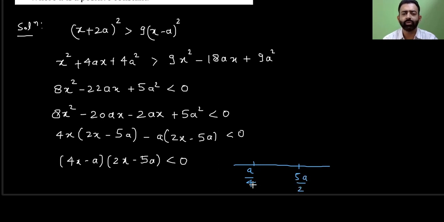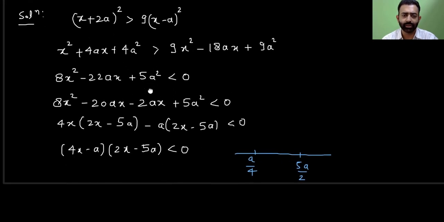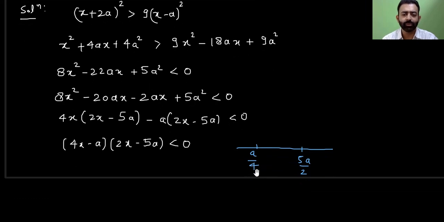Now without knowing the value of a, how can I say that a by 4 is less than 5a by 2? Because in the question it says that a is a positive constant. So obviously 1 by 4 is less than 5 by 2 because this a is positive. Whatever is the value of a, it is positive, right?